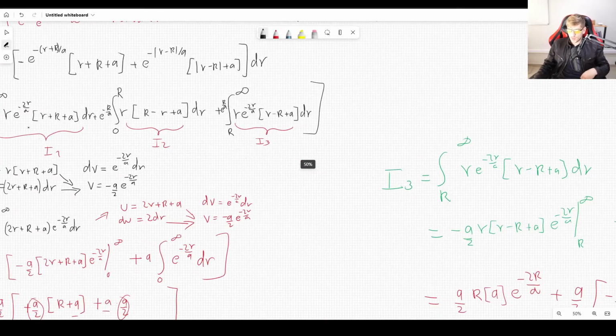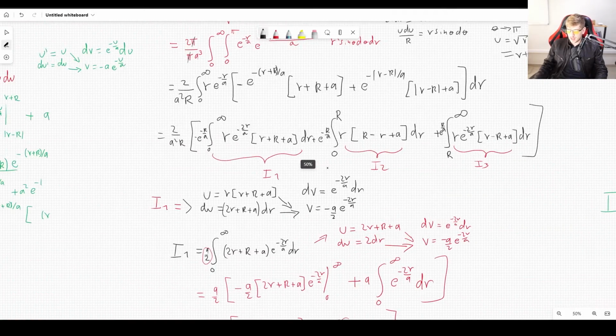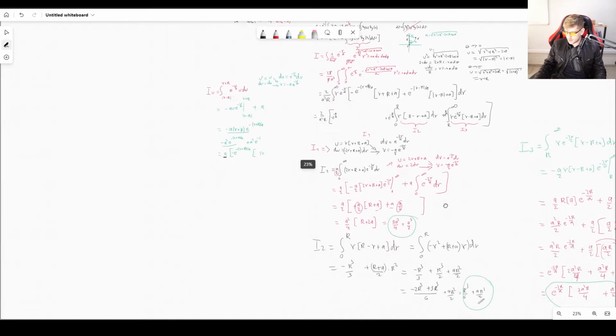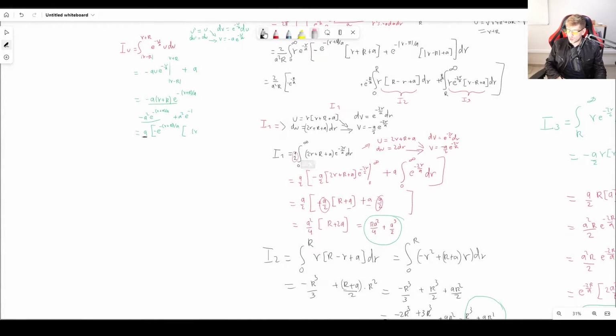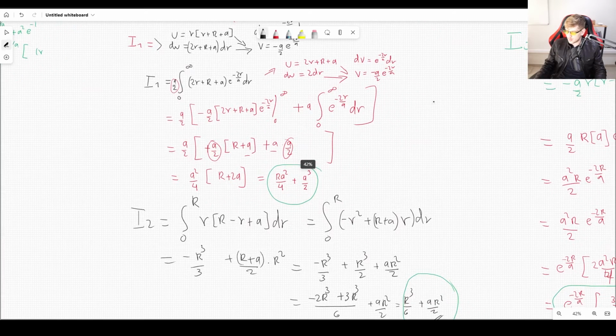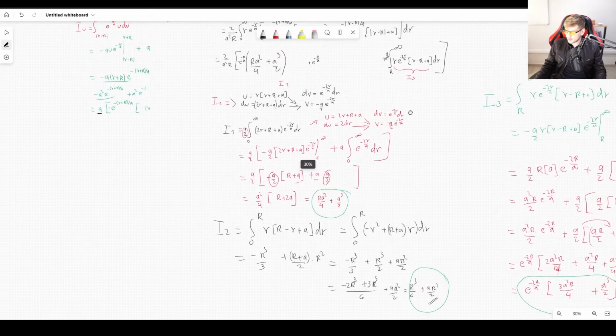So let's see. What is I1? I1, our result was, here it is, R a squared over 4. I'm going to zoom in just a little bit more. So R a squared over 4 plus a cubed over 2. Now let's plug in I2, which was, there it is, R cubed over 6.